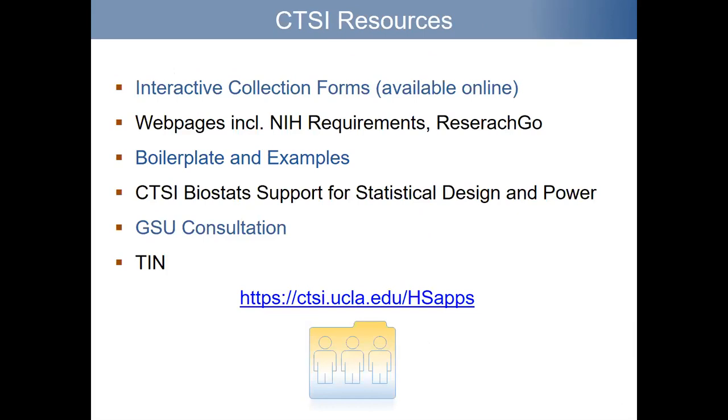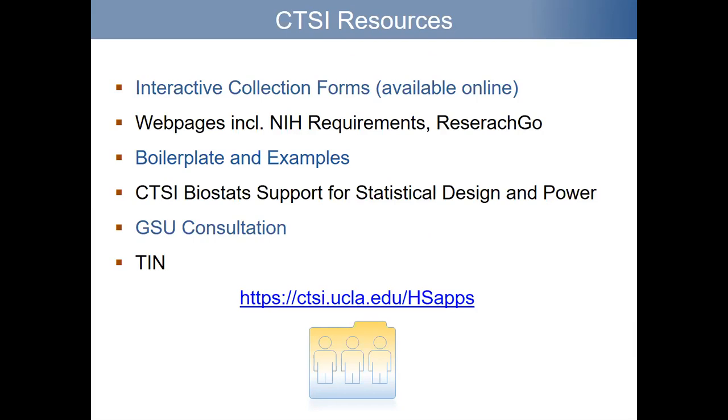So here at the UCLA CTSI, we have a number of resources that are available to help walk you through these in much more detail. We have interactive collection forms available online. We have web pages for all of the NIH requirements, including human subjects. The ResearchGo website also walks you through study design, et cetera. There's a lot of boilerplate and examples of standard NIH application components, including some of the human subject material.